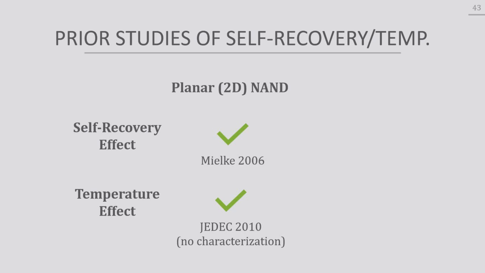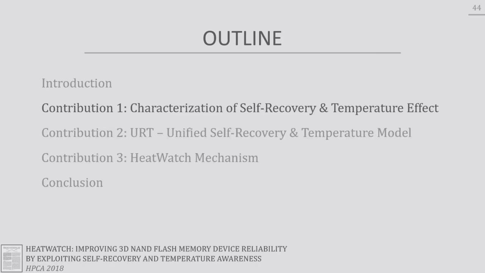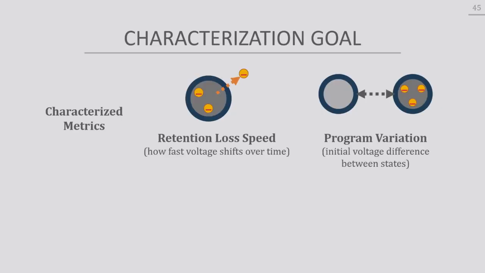So as we mentioned, self-recovery and different temperatures affect flash reliability in many different ways. And very few works have studied these two effects in planar NAND, and these two effects are completely unreported in 3D NAND before our work. So that's why we wanted to perform a characterization in order to fully understand these two effects in 3D NAND.